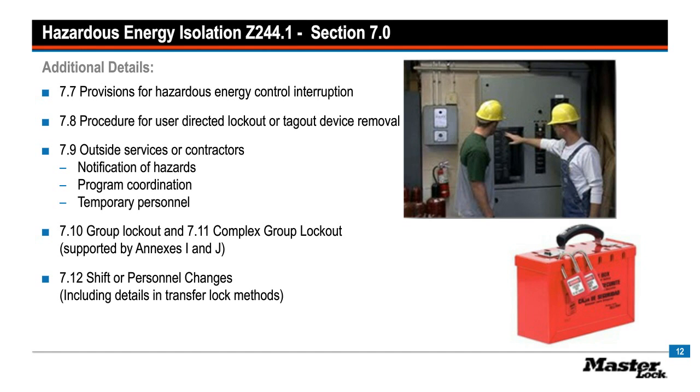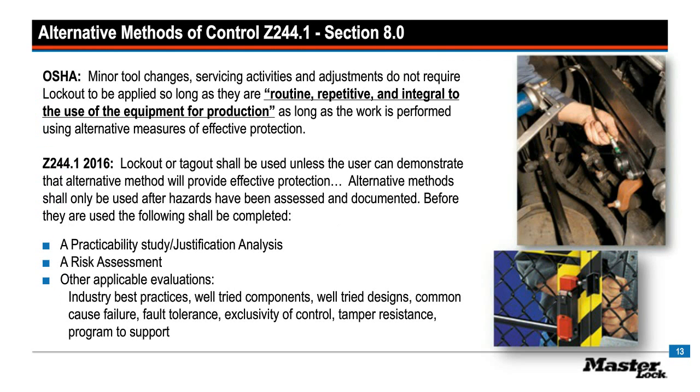Alternative methods of control are a big part of the ANSI standard and one I'm going to wrap up our conversation on. I would say that alternative methods has taken the place of almost a third of the ANSI standard. And in our practice at Master Lock, it is a major question area that we are constantly working with our customers on, trying to understand what's legal, what's gone too far, what's insufficient, and what are the latest and greatest methods which we've tried to address within the new ANSI updated standard.